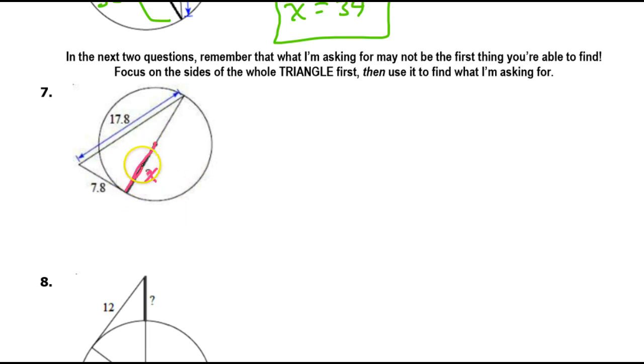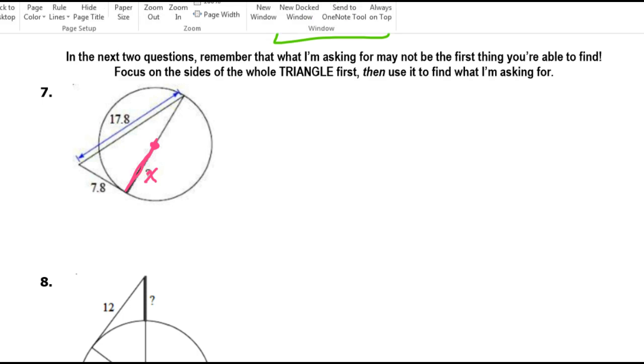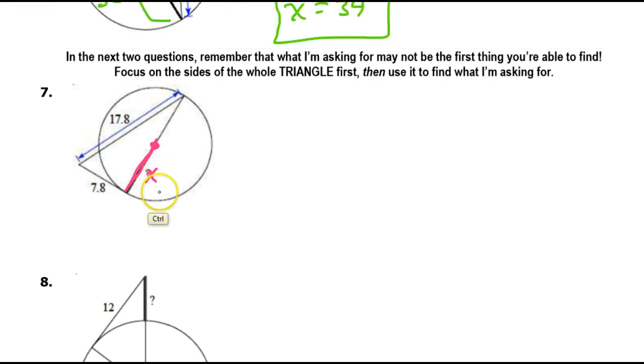It is just half of the side of a triangle because this is the radius and it really goes in both directions. So that means I can't do x squared plus 7.8 squared is equal to 17.8 squared because I need the side of a triangle. So I'm going to do another variable.